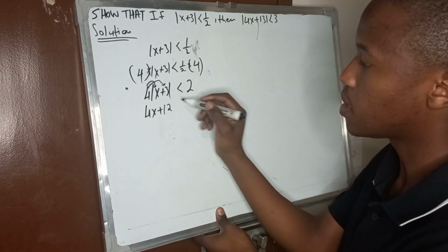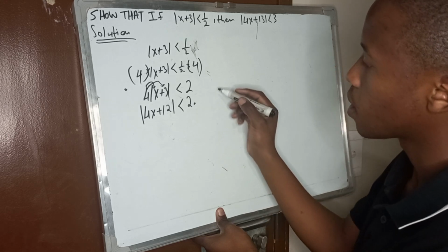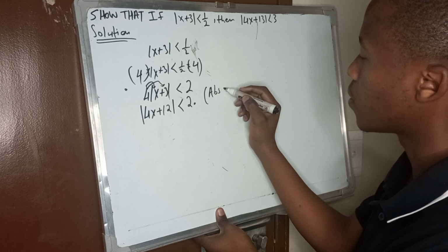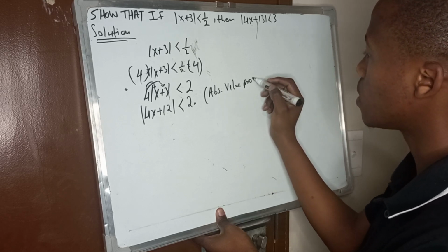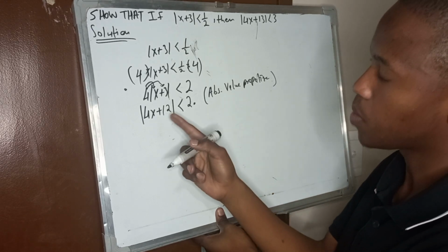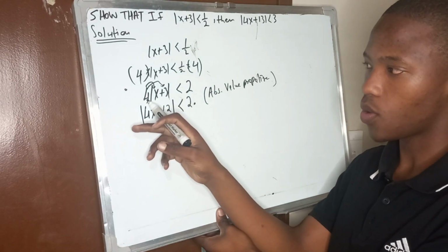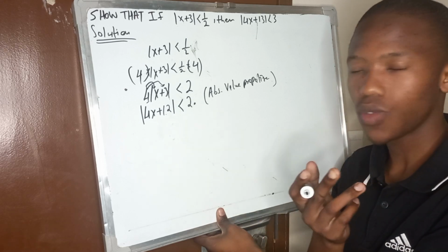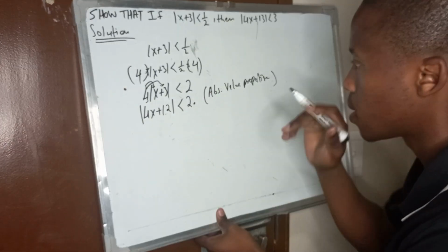But remember, this is an absolute value less than 2. Always remember to reference that I have used the absolute value properties of multiplication, because this 4 was outside the absolute value and now this 4 is inside the absolute value.